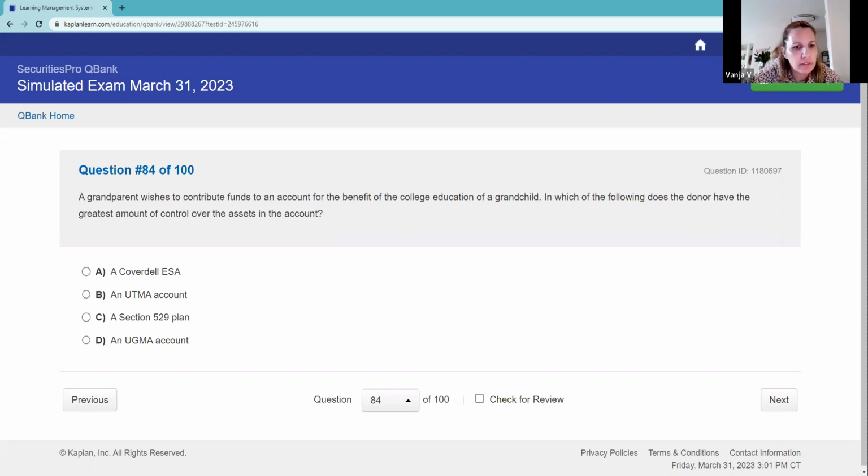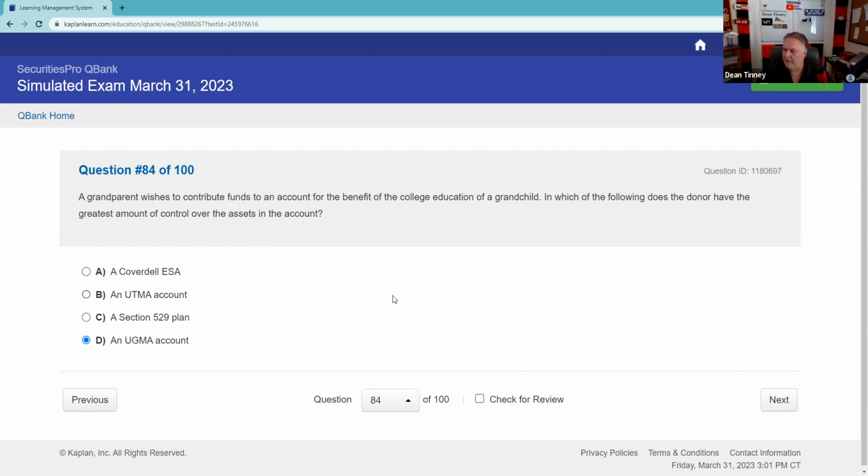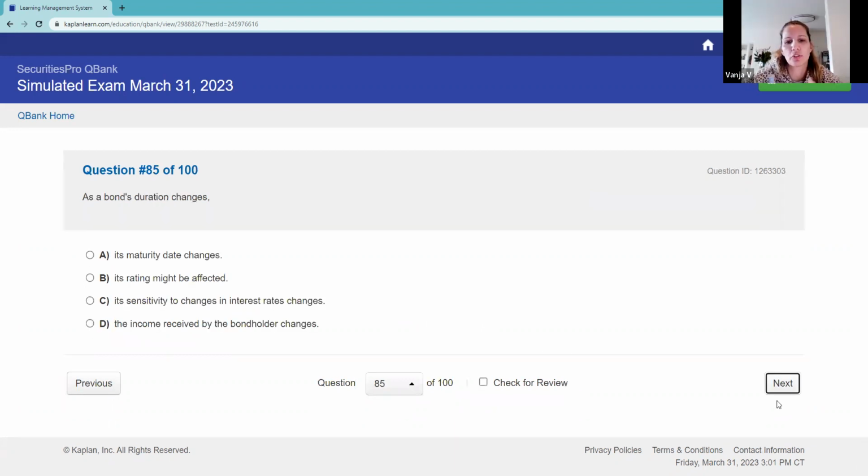The UGMA, D. Well, you got that wrong, because remember, when the kid reaches the age of majority, he gets the money. So it's the 529. The 529 gives you more control. That's right. Almost always they're looking for 529 as the right answer on your exam. I'm thinking on the portion of revocable, but that was not the question.